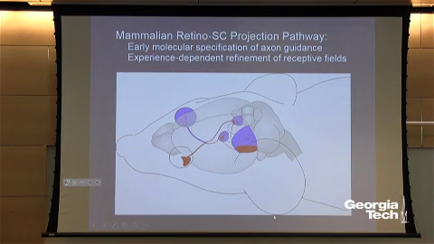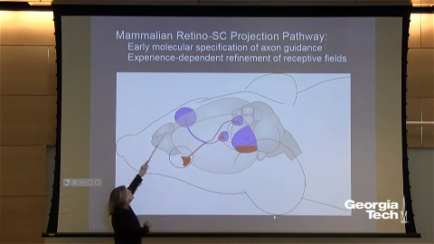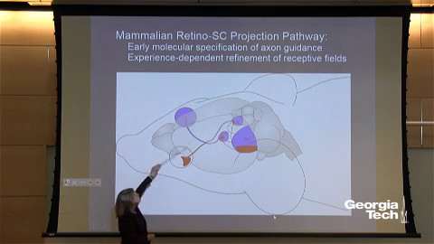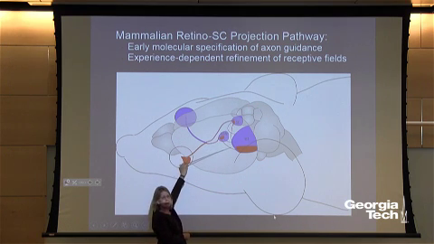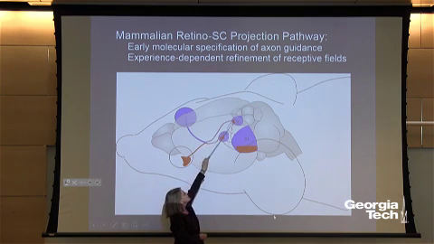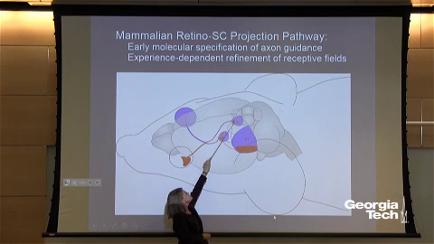So just to give you a little orientation here, I'll try to be equal opportunity with the screens here. So here's a general projection from the eye into the visual thalamus, lateral geniculate nucleus, or the superior colliculus, which is the visual midbrain.